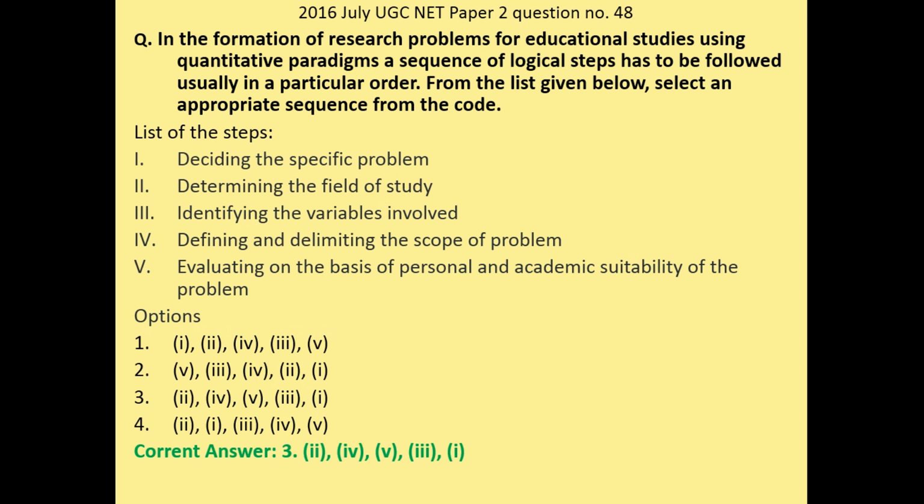First of all, as a researcher, you have to determine the field of study. So step 2 will be the first correct step, and then you have to decide the specific problem from your field of study, and after that you have to evaluate that specific problem on the basis of personal as well as academic suitability, and then you have to identify the variables which are involved in your problem, and lastly you have to define and give the delimitation of the scope of the problem.